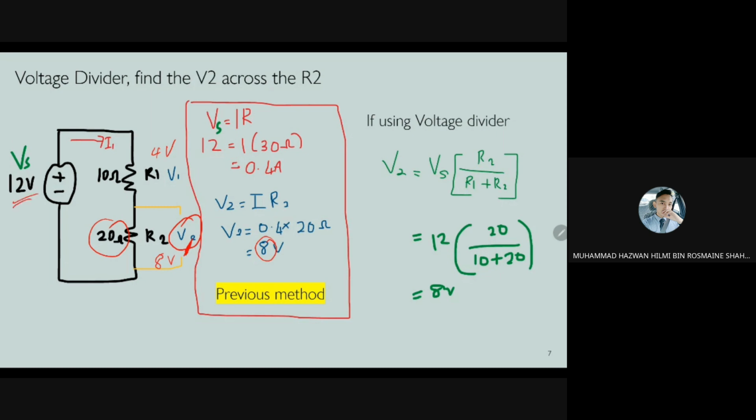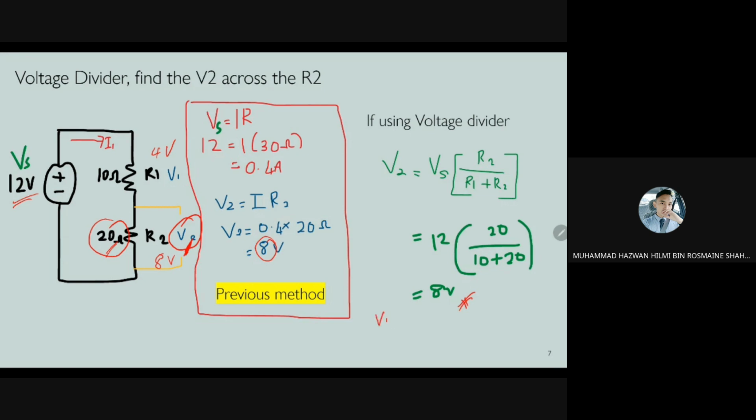So if you use the voltage divider, V2 is equal to R2 over R1 plus R2 times Vs. So V2 is 20 divided by 10 plus 20 ohms. So you get 8 volt.